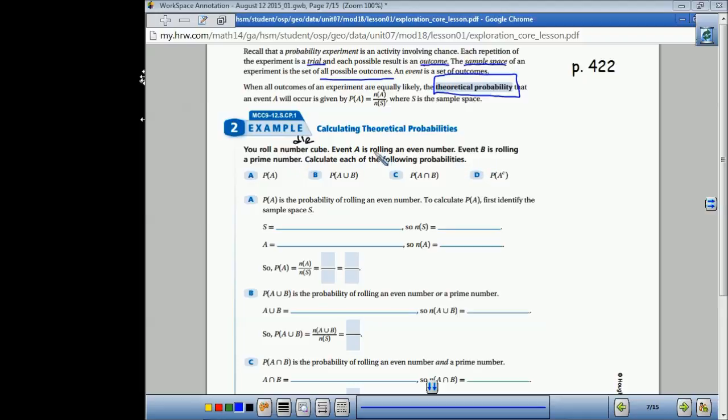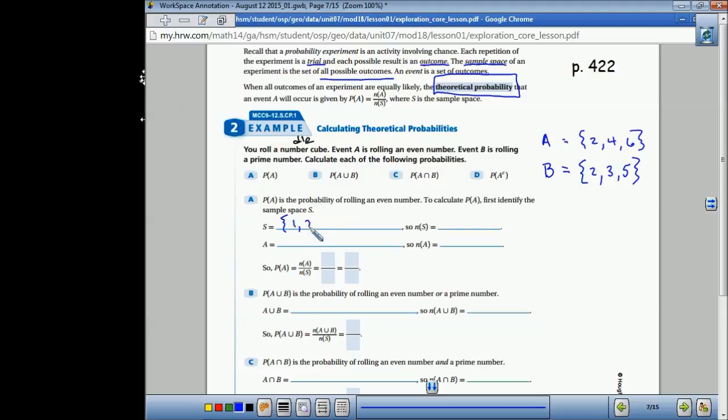You roll a number cube. A is the event of rolling an even number. Well, A would just be 2, 4, and 6. B is rolling a prime number. Our prime numbers would be 2, 3, and 5. So what is the probability of A? And it talks it through for us here. What does the sample space look like?